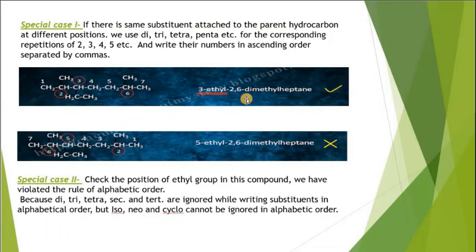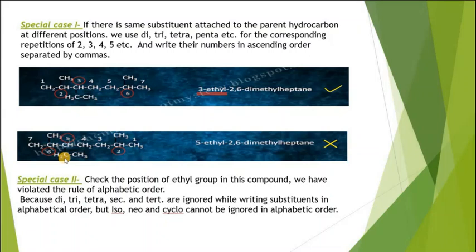Instead of that, if you write, and of course the second name is wrong, the numbering is starting from the opposite direction, where we have methyl groups at positions 2 and 6, which is the same as this one. But the ethyl group, if we number it in this way, is going to get number 5.